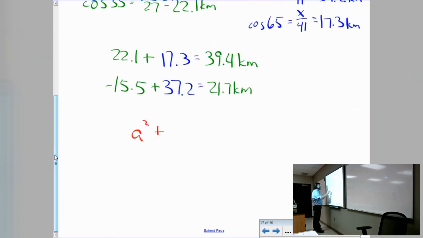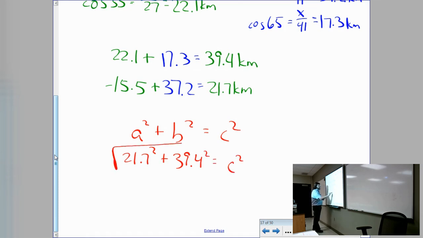A squared plus b squared equals c squared, and I'm looking for c, which is the hypotenuse of the triangle. So again, 21.7 squared plus 39.4 squared equals c squared, and then I'll take the square root of all that to get c, my final answer.